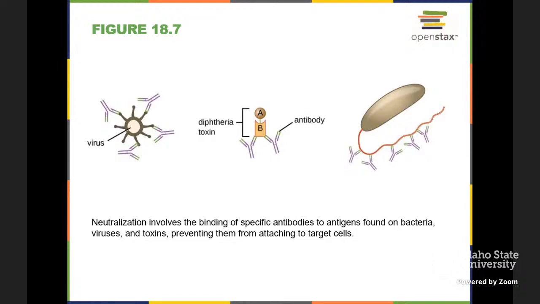So one of the mechanisms that some of these antibodies can do, the IgG and IgM, although we're really just looking at G up here, is neutralization. So sticking to something and basically taking it out of commission, making it so that it can't function, neutralizing virus, linking up to spike proteins.